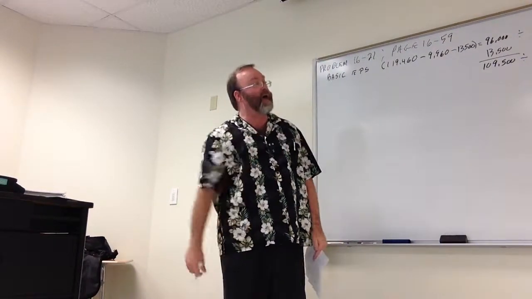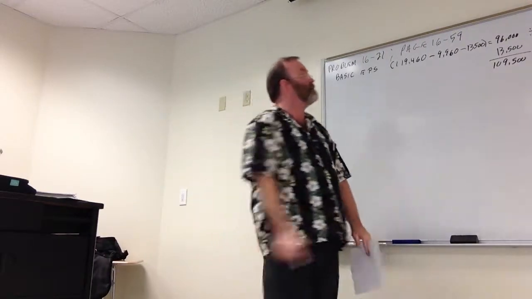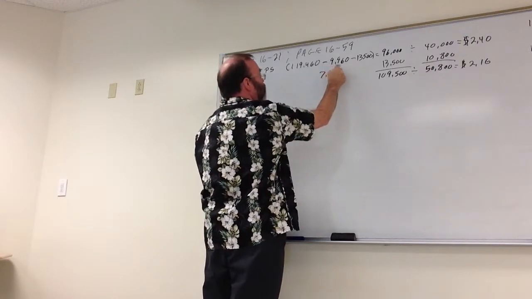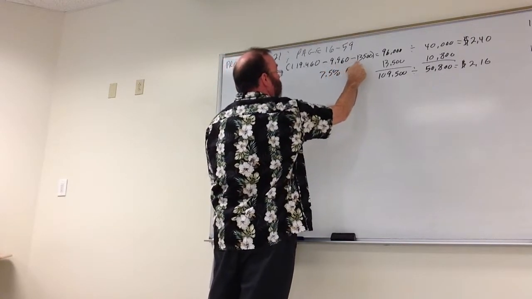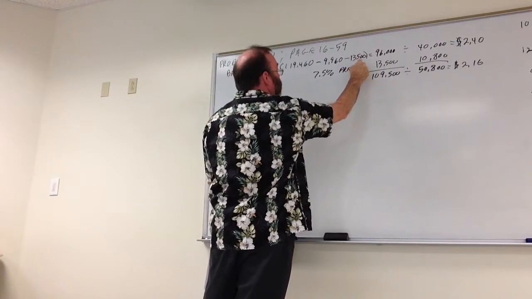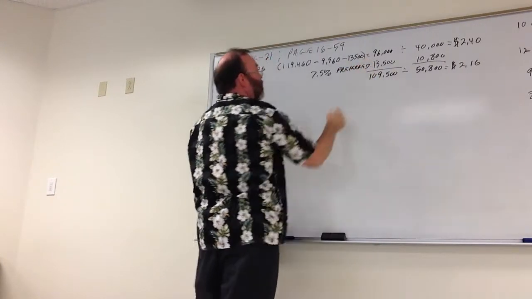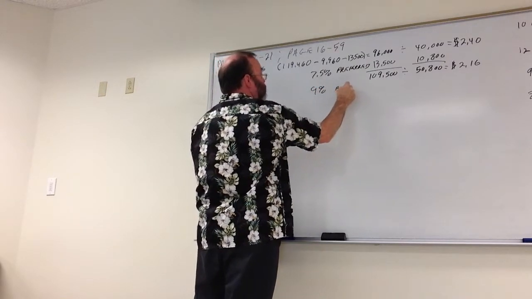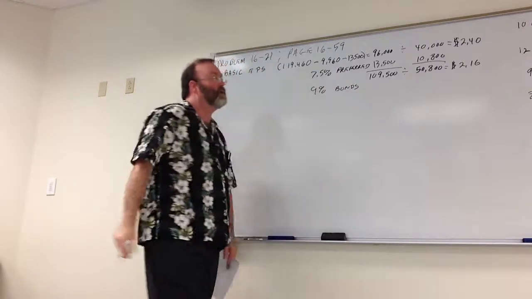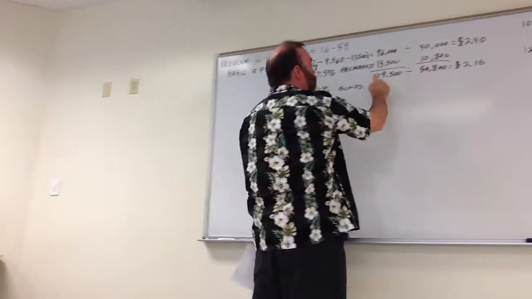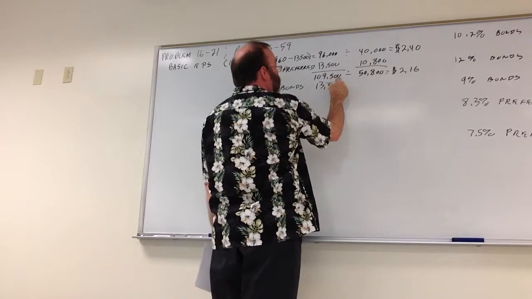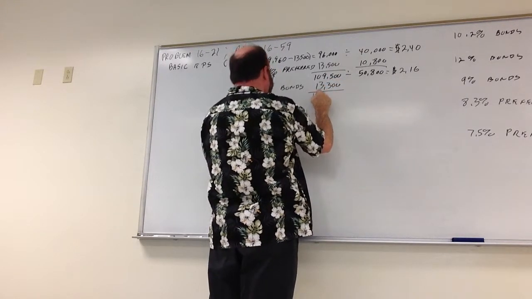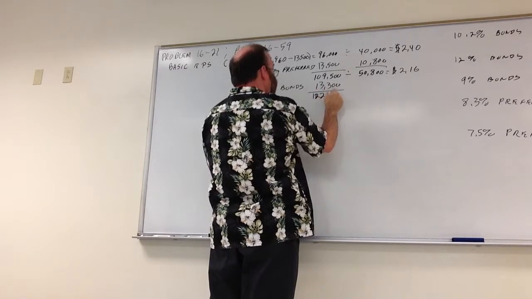The next one in line is the 9% bond. So next we go to the 9% bonds. The numerator is 13,300, giving us a new numerator of 122,800.